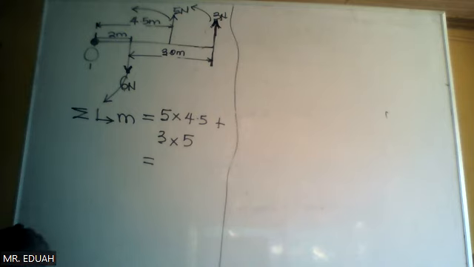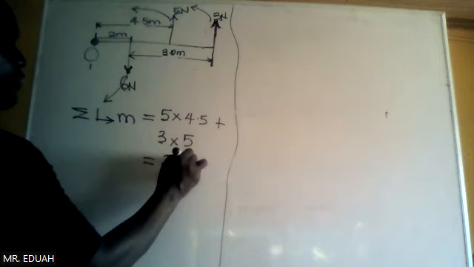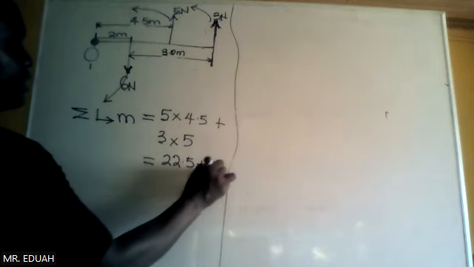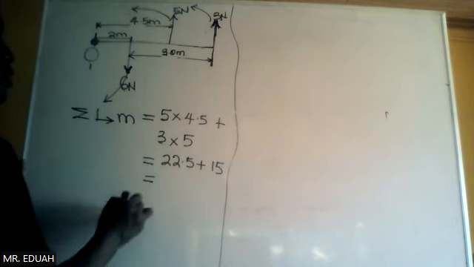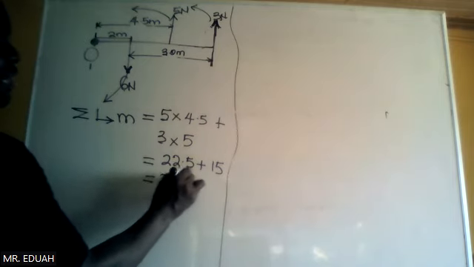Calculate for me, 4.5 times 5. 22.5. So this is 22.5 plus 15, which is equal to 37.5.